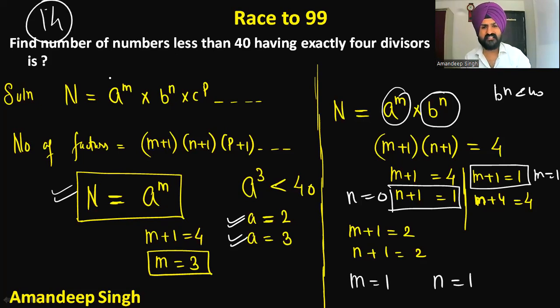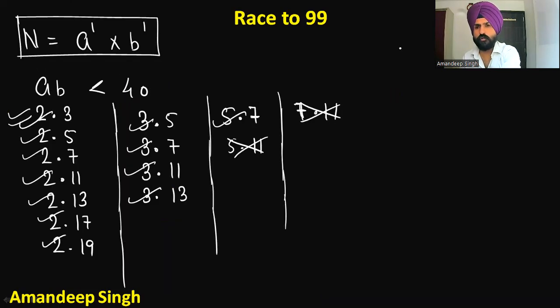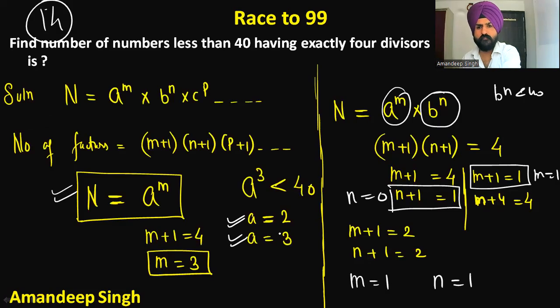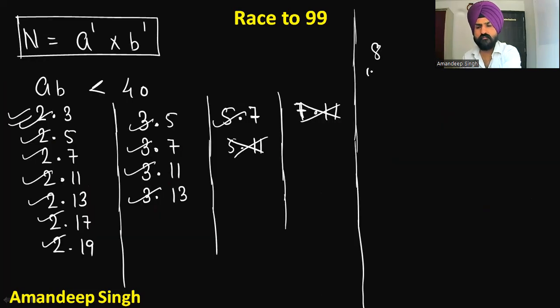14 numbers exist. And if you want, I can write those 14 numbers for you. If a is 2, that is 2 cube, which is 8. If a is 3, 3 cube is 27. So 8 and 27 are 2 numbers. Then we have 6, 10, 14, 22, 26, 34, and 38. I'm just multiplying these numbers.